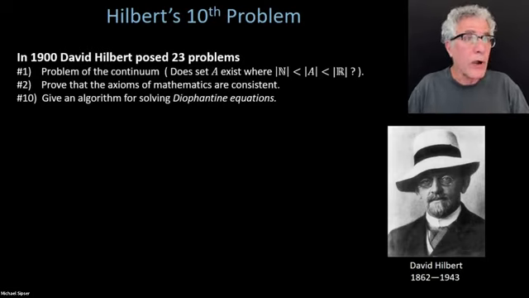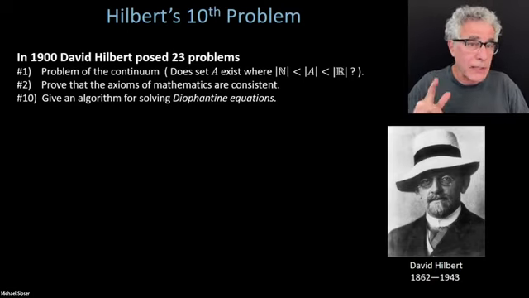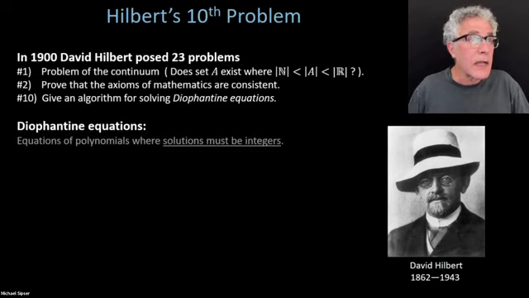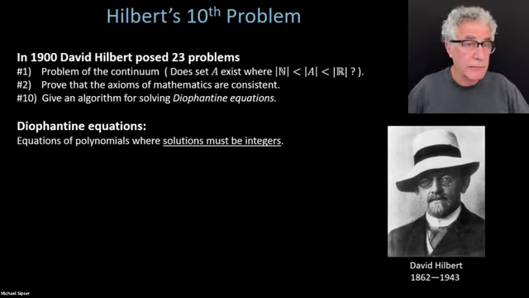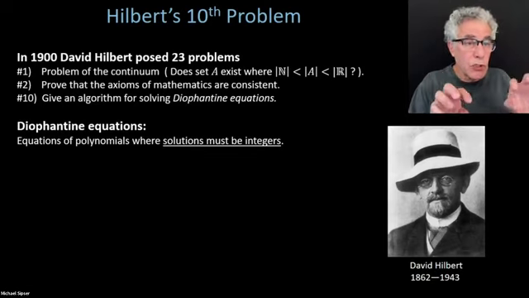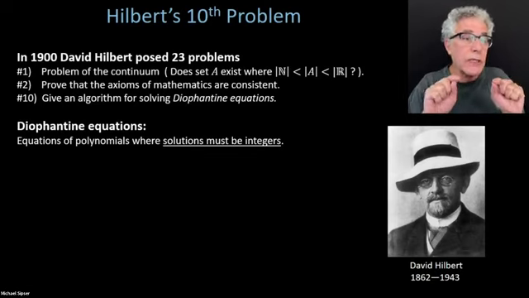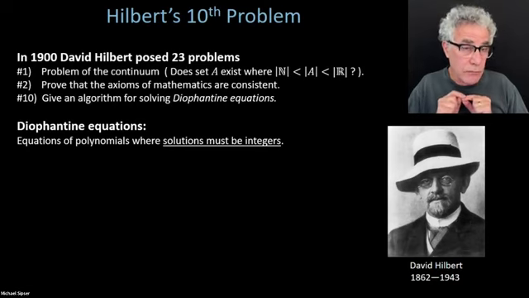But what are Diophantine equations? I'm glad you asked. Well, they're very simple. They're just polynomial equations, like, does this polynomial equal some constant, for example? But where you're looking for the solutions, the polynomials have variables, you're looking for the solutions, but you're only allowing the solutions to be integers.